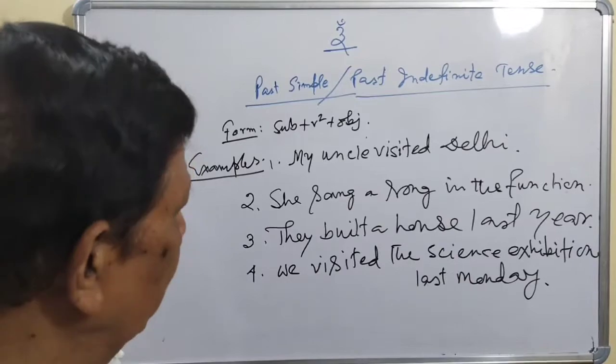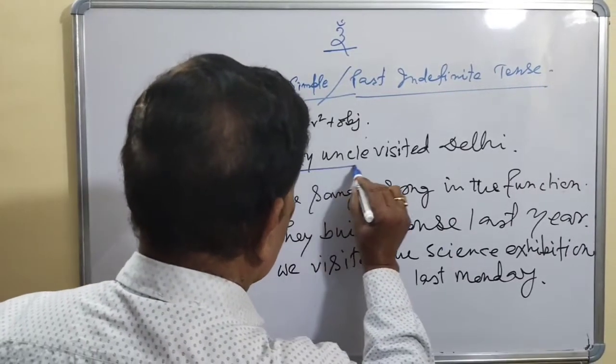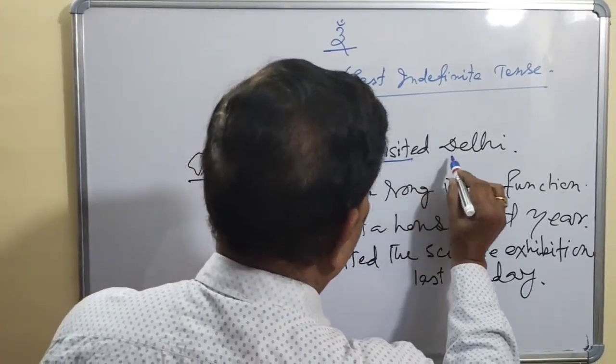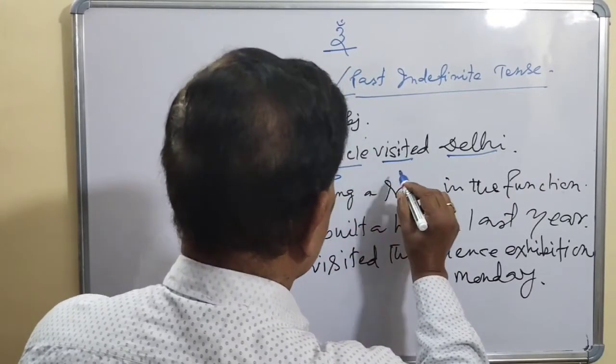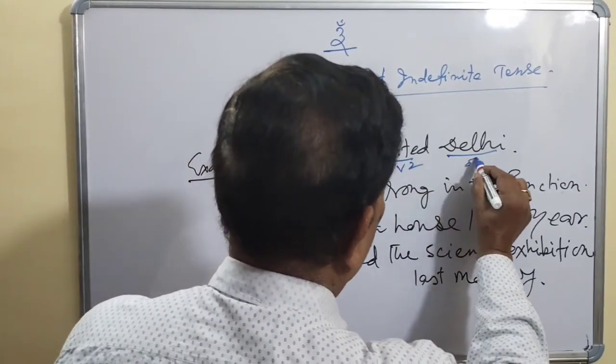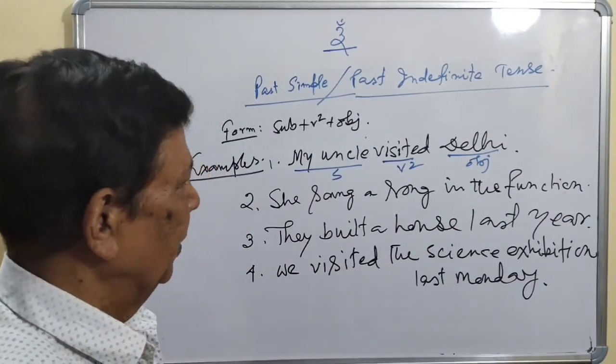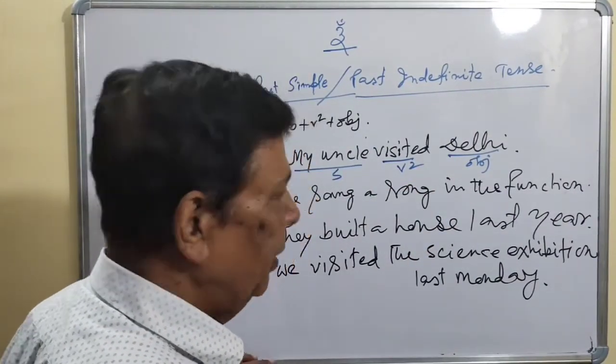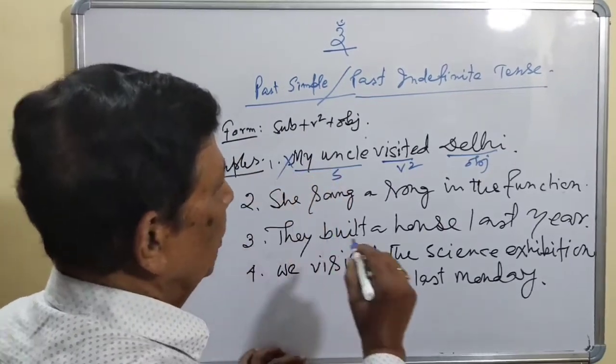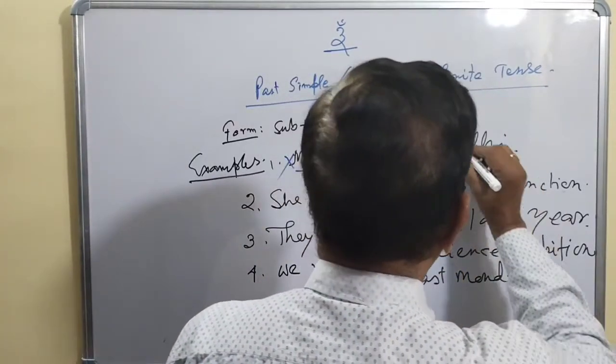See here, my uncle visited Delhi. Subject, V2, object. But is there any time mentioned? When did my uncle visit Delhi? No, it is wrong. So what should the correction be?